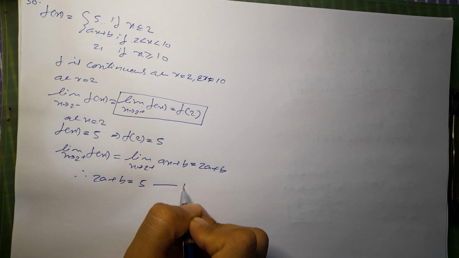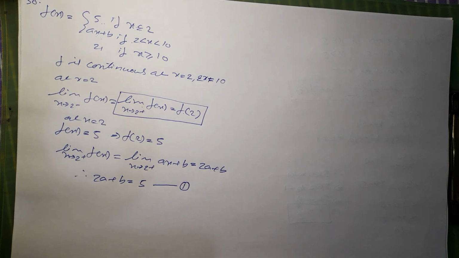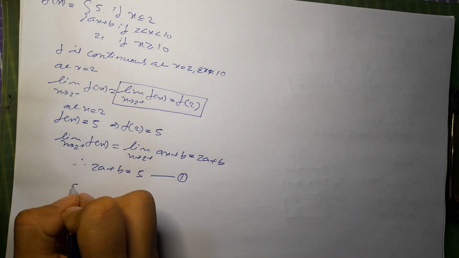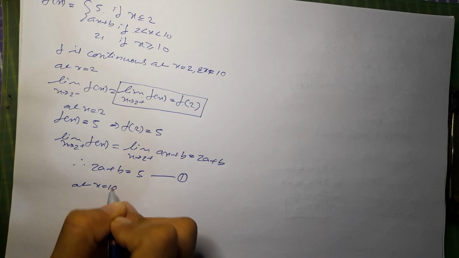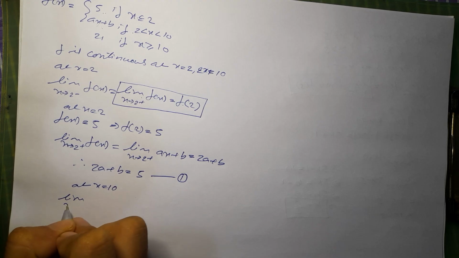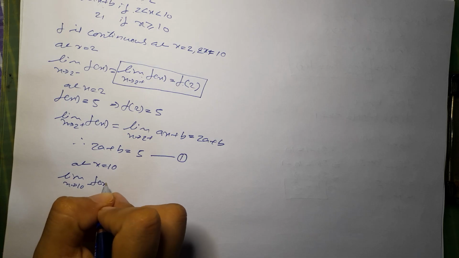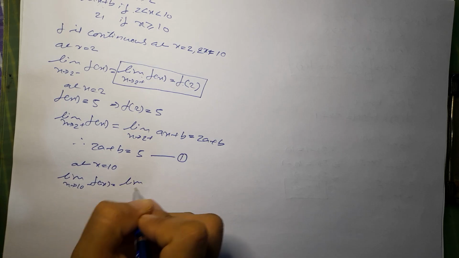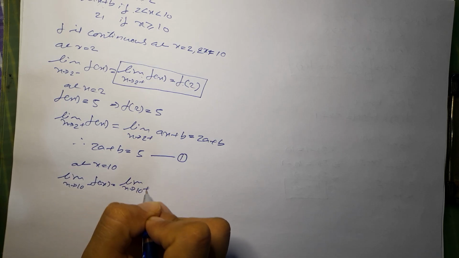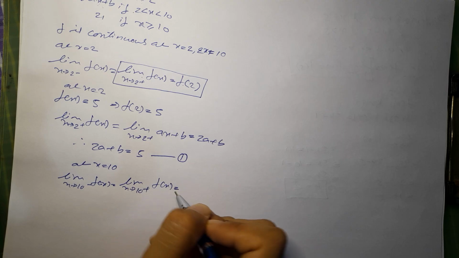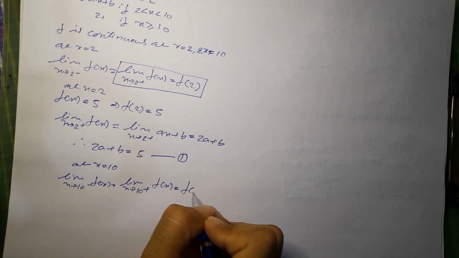One equation we got. Now we have to find another equation using continuity at x equal to 10. So here also limit x tends to 10 minus f of x is equal to limit x tends to 10 plus f of x equal to f of 10. Which one are we going to take?